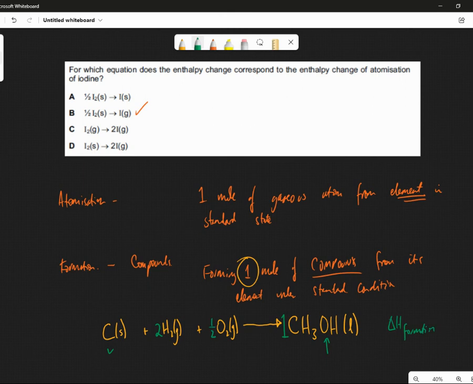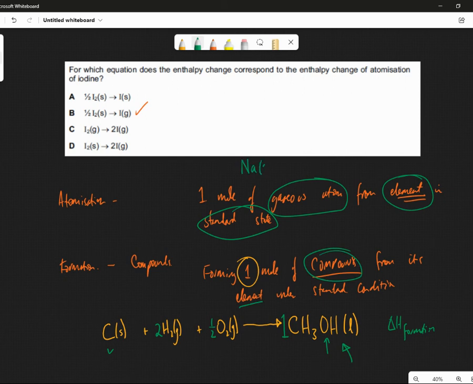It's the formation of 1 mole of compound, and atomization is the formation of 1 mole of gaseous atoms. Atomization refers to elements, so it's got to be gaseous atoms from the elements in their standard state. But formation refers to a compound from its elements under standard state. Let's try and make sodium.